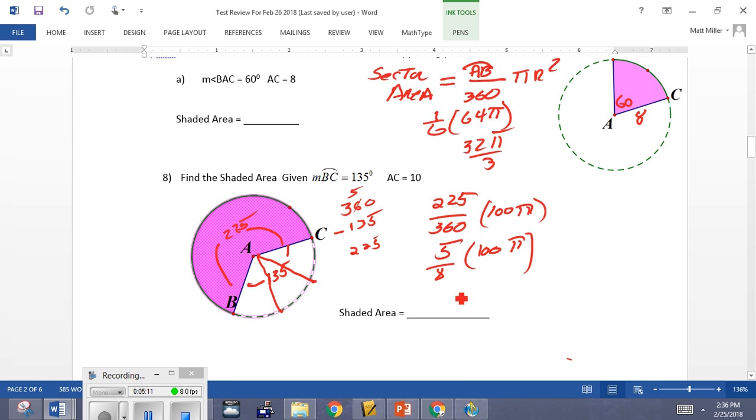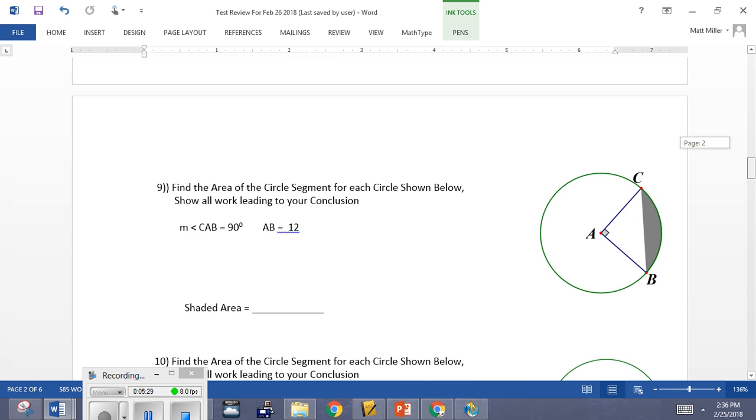And I could just leave that as 500 pi over 8. Maybe I'd simplify that by dividing by 4 to get 125 pi over 2. Okay, let's do 1 or 2 more for this.